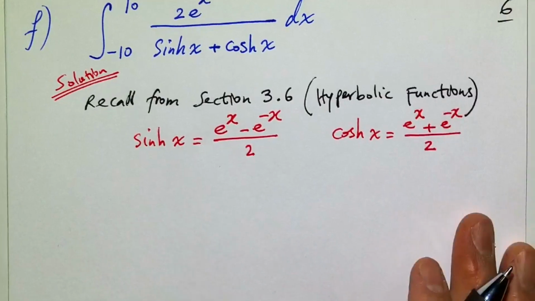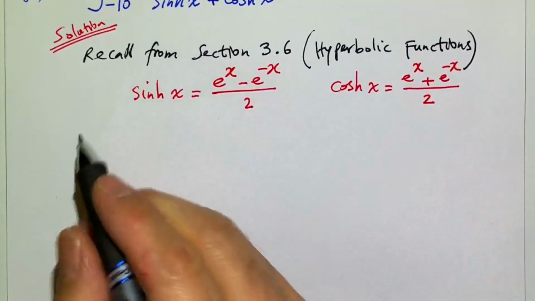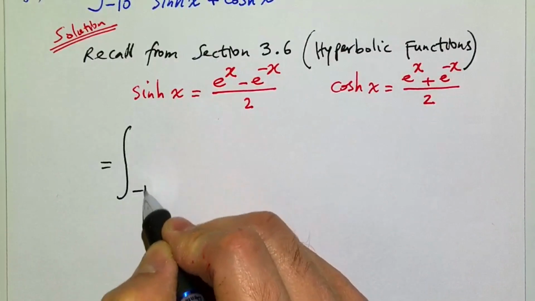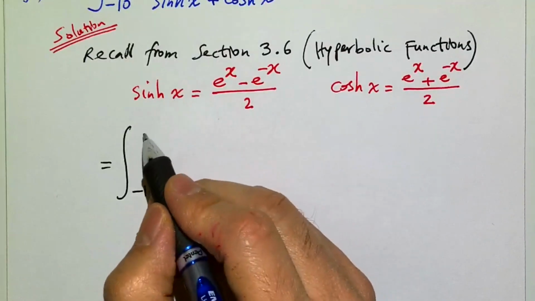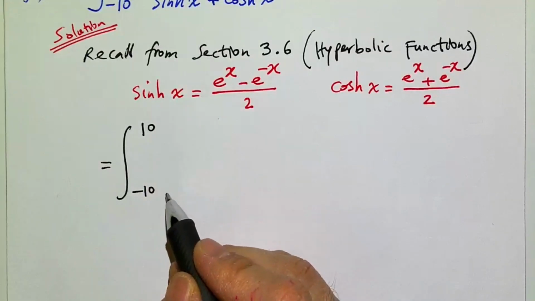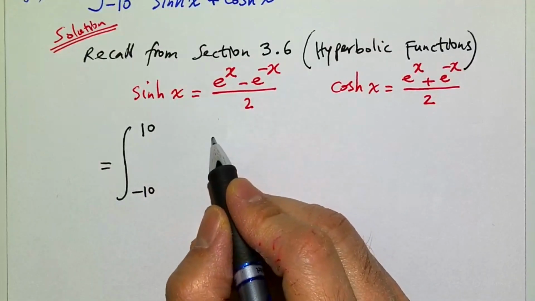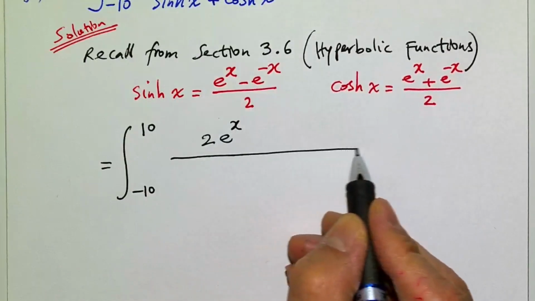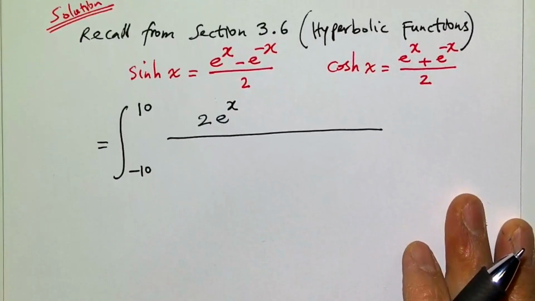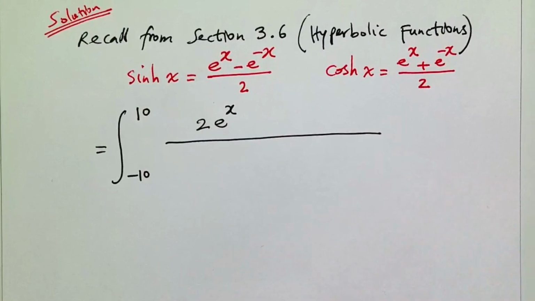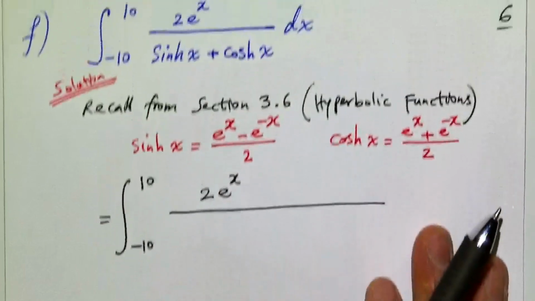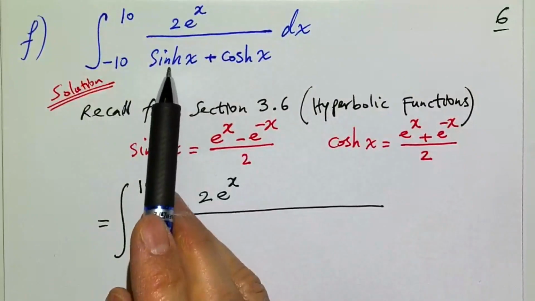So let's do that. We have, this is going to be a big fraction here, from minus 10 to 10, 2e to the x divided by, and then all of this replaces that.